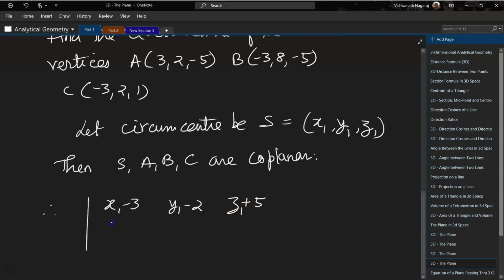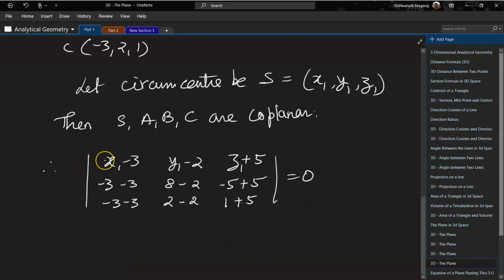Now -3 minus 3, 8 minus 2, -5 minus -5, that is +5. Similarly, -3 minus 3, 2 minus 2, 1 minus -5, that is +5, is equal to 0.